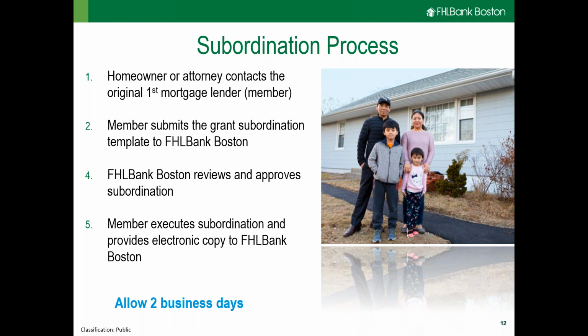You're a member, you're the one who has access to the programs, and then you just have to submit our subordination templates to our team. I recommend including myself and the other analysts who are part of our EVP How team. We then will review and submit it to our legal team, and then we will come back with either an approval or any revisions. Then you can close the loan and execute the subordination, and then just provide us an electronic copy.